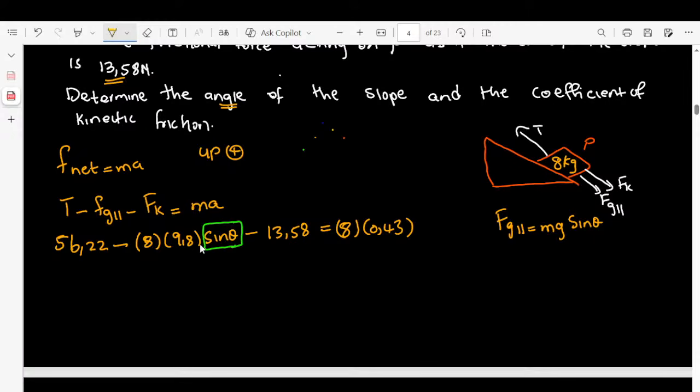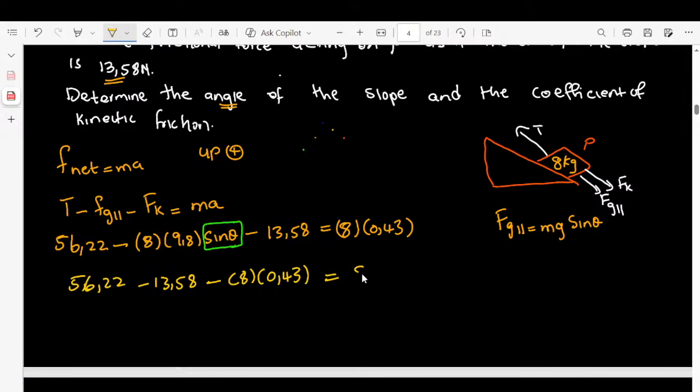Now when I work on this, you need to be very, very careful. We take the 56.22, I'm going to minus that 13.58. I'm going to minus the 8 times 0.43.